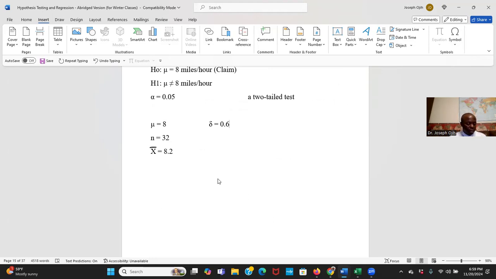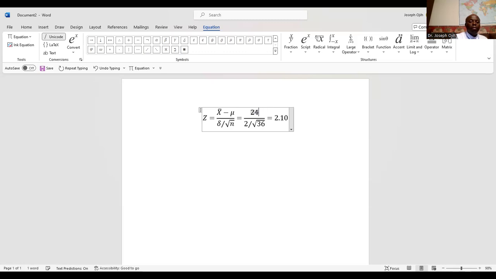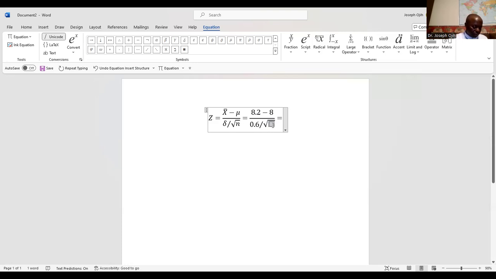So these are what we're going to put in the formula for Z. Z equals 8.2 minus the mean of 8, divided by the standard deviation of 0.6 over the square root of the sample size of 32.